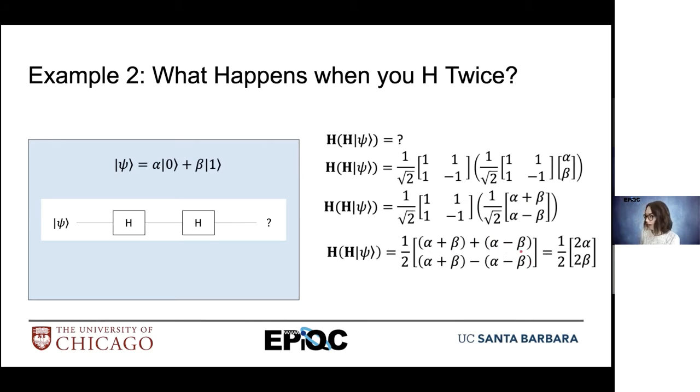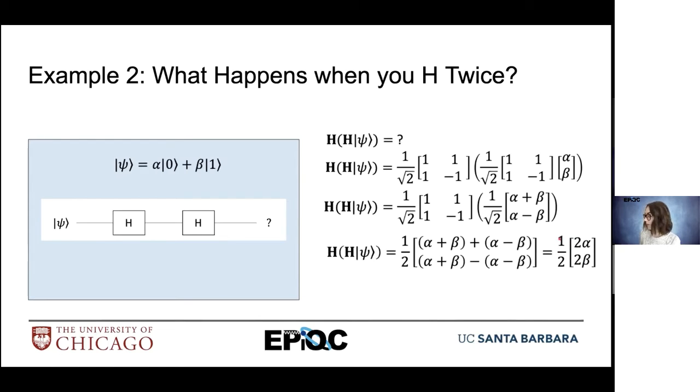If we cancel out some terms, we have 2 alpha on top, and beta minus beta, alpha minus alpha, beta plus beta, 2 beta on bottom. And then when we take these coefficient terms and multiply them together, we get a 1/2. So our resulting state is 1/2 times 2 alpha over 2 beta.